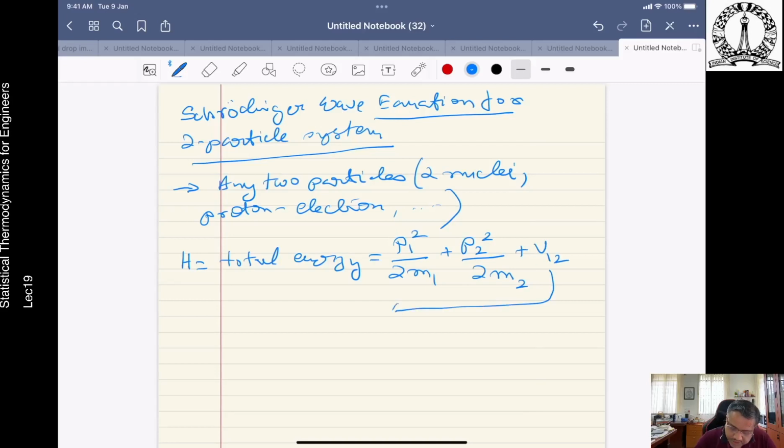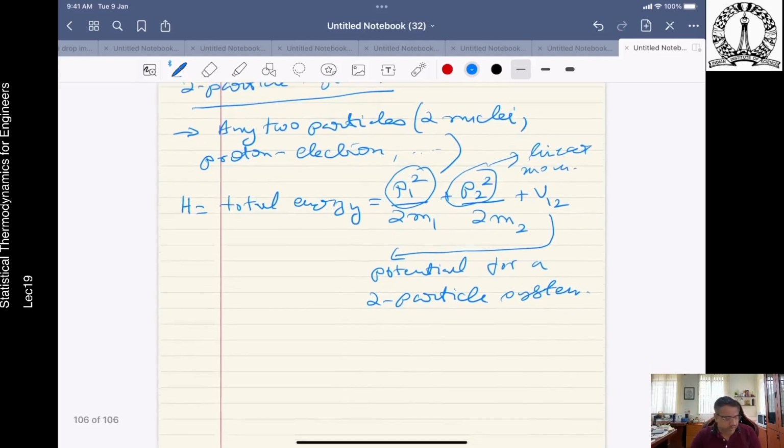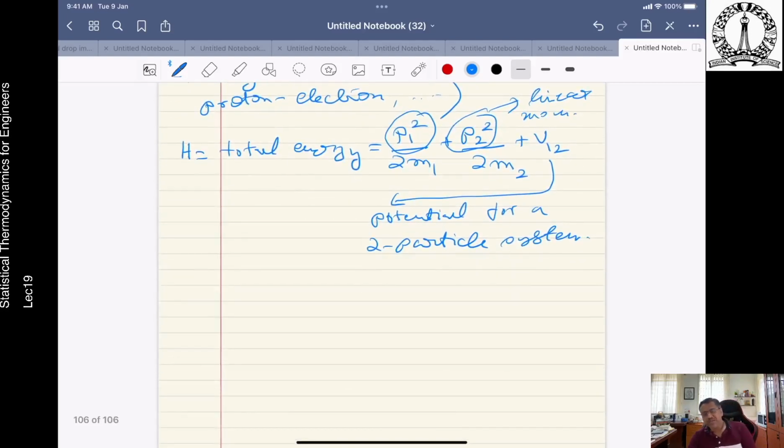This is the potential for a two-particle system, and these are nothing but the linear momentums. So we know the total energy. Now we write down what we call the steady state version of the Schrodinger's wave equation.